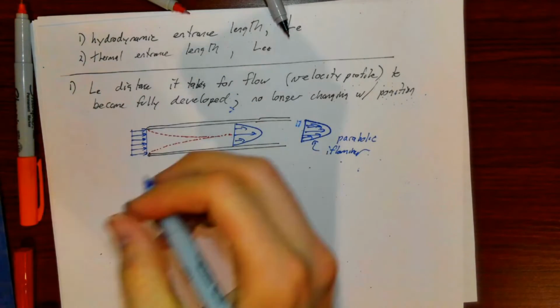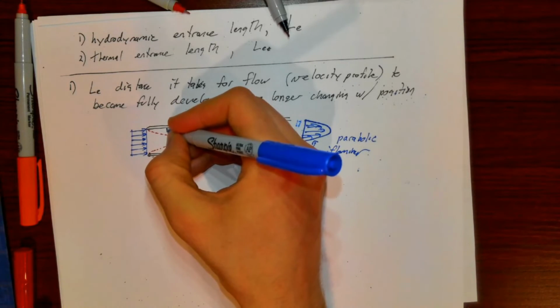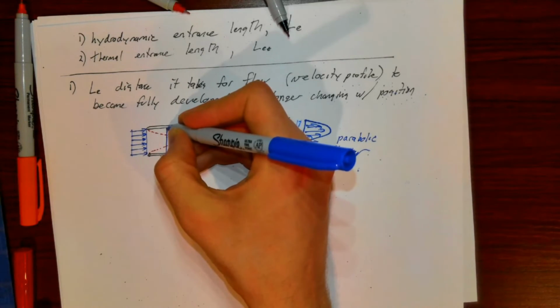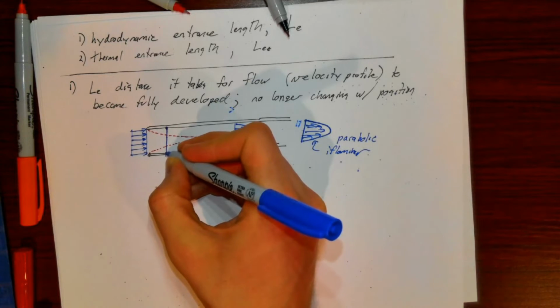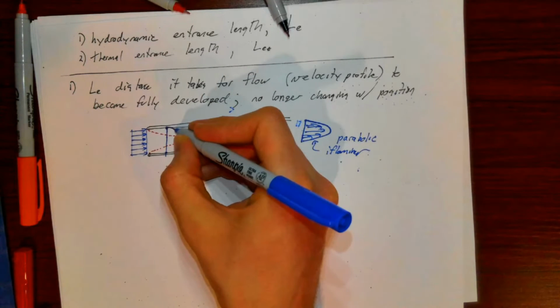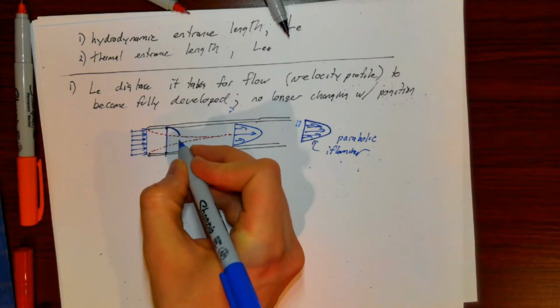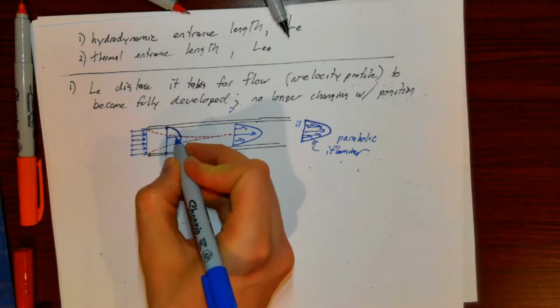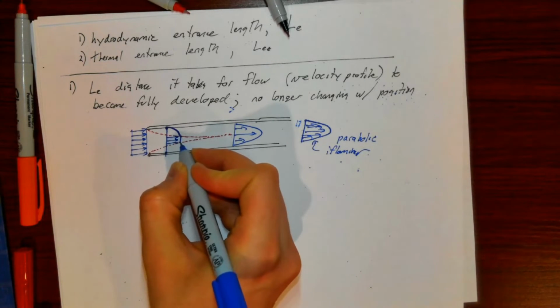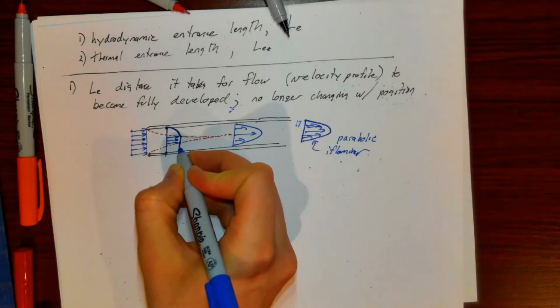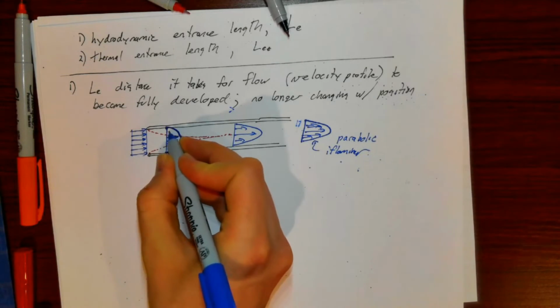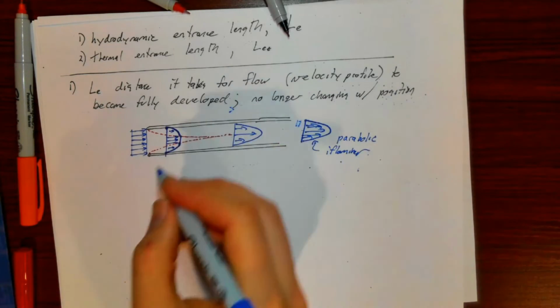So what does it look like? At some intermediate region, I have this transition from no velocity at the edge up to some uniform velocity in the center, and the uniform velocity in the center then transitions back to a curved velocity profile to the edge.